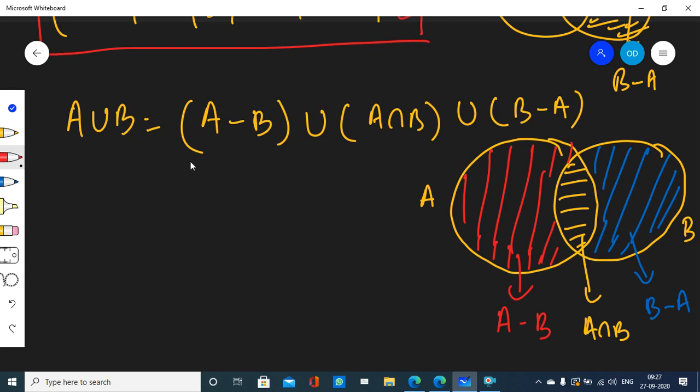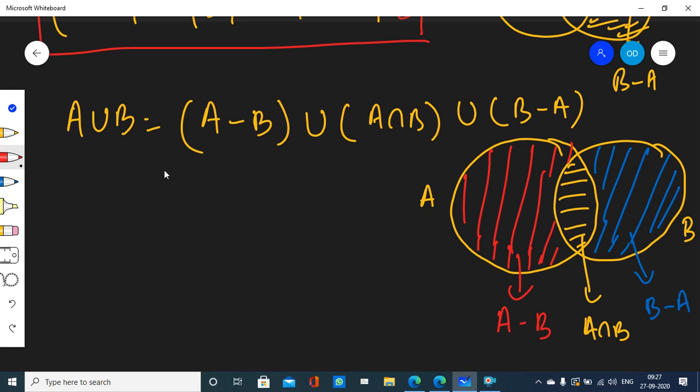Now also you tell me one more thing. Do you see anything common between red, yellow, or yellow, blue, or blue, red? Do you see anything in common between all these things? Are there any mutual elements? No, right?